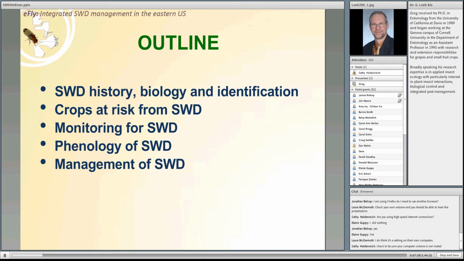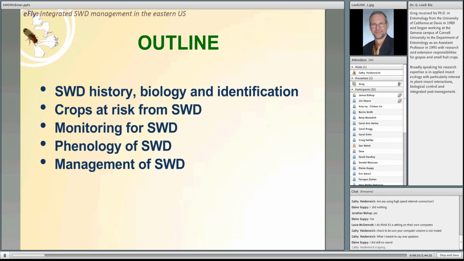Monitoring is going to be important for this pest during the invasion and colonization period, and maybe all the way throughout our dealings with it. So I'm going to spend a little time talking about how we're monitoring for adults and a little for larvae. It's important to understand the phenology of this insect. I think it helps in coming up with management plans. So I'll talk about what looks like the standard phenology for the timing of different life stages through the season. And finally, I'll finish up with some ideas on management.